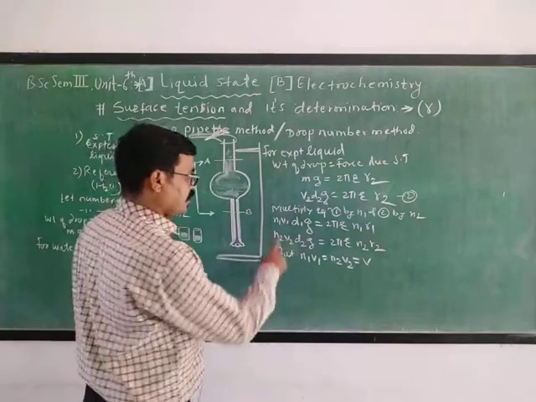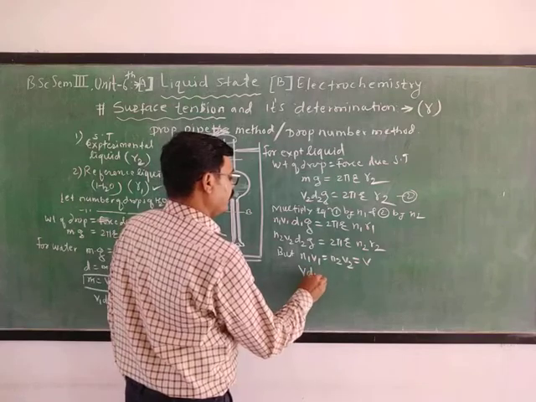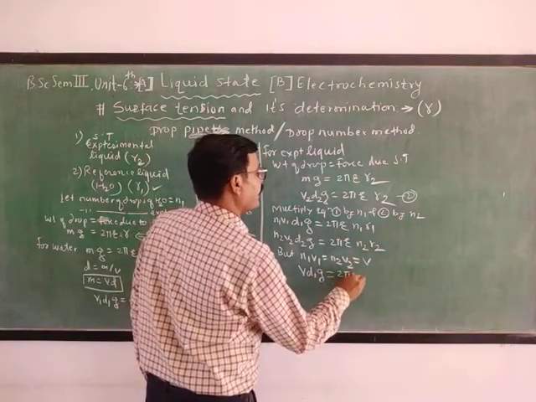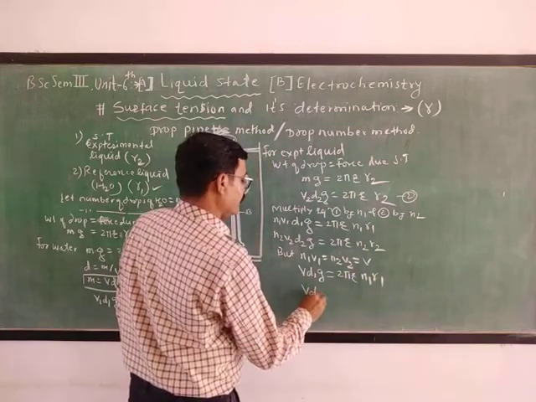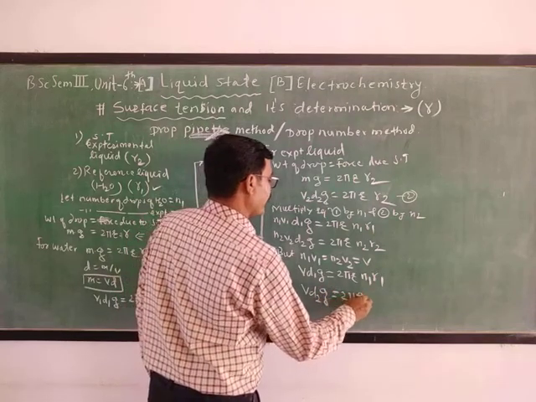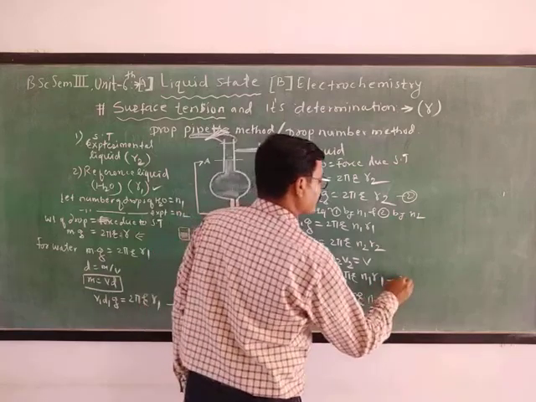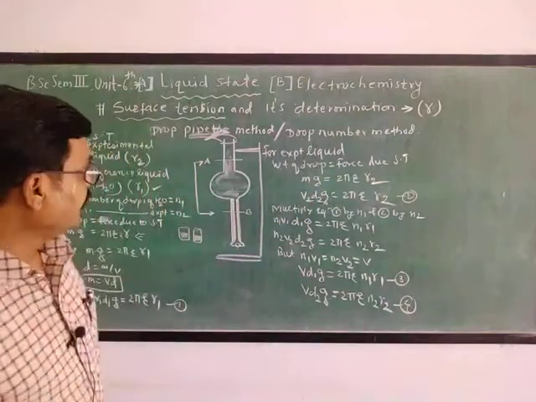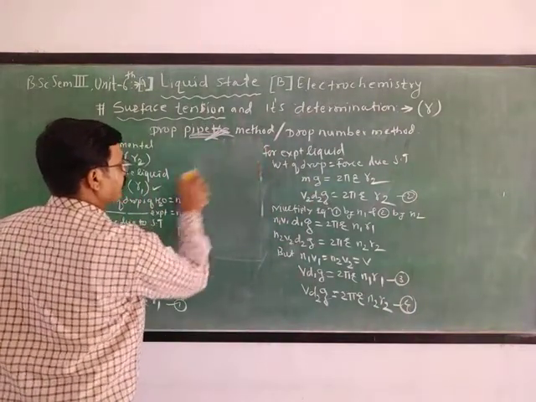So the above equations become: V d1 g equals 2 pi r n1 gamma 1, and V d2 g equals 2 pi r n2 gamma 2. This is equation 3, this is equation 4. Now divide equation 4 by equation 3.